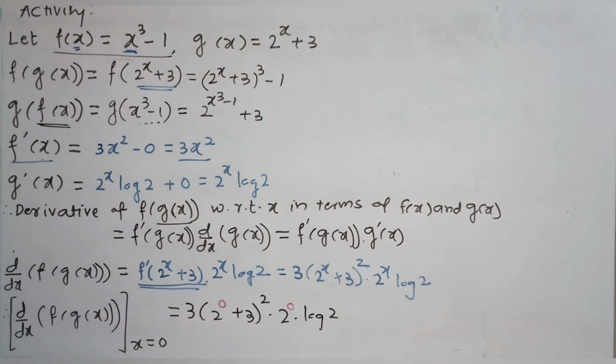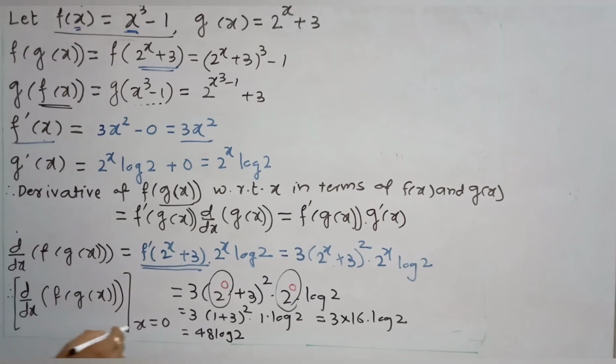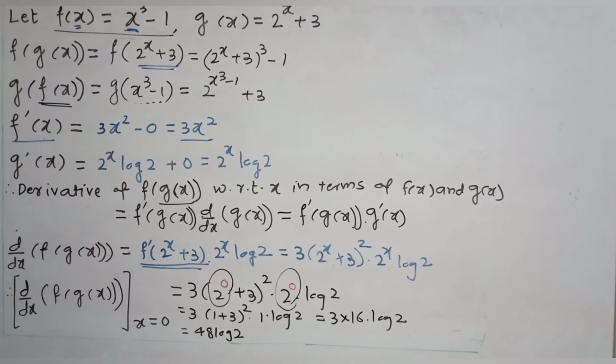And you can simplify this, because now you know most of the things. 2 raised to 0 is just 1. 2 raised to 0 again 1. So it's going to give you 3. d by dx of f of gx at x equal to 0 is 48 log 2.